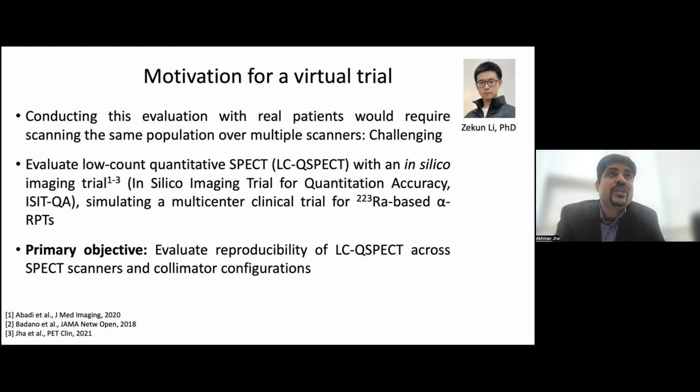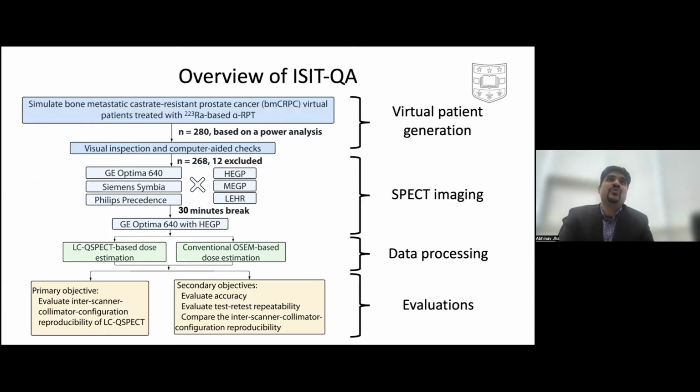So let me show you the overview of our clinical trial design. Our clinical trial design, as I showed earlier, in terms of the broad schematic, consists of three broad things: generating the virtual patient, doing the SPECT imaging of these patients, then performing data processing and evaluation, which I will call, in a single step, doing the clinical task.